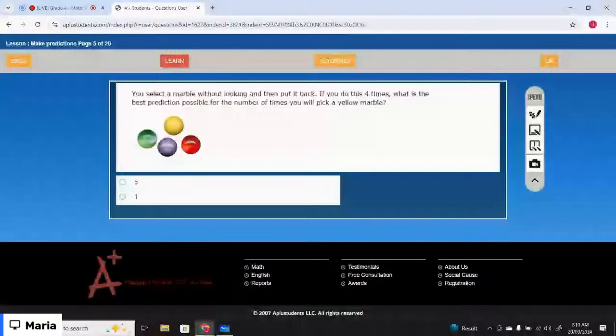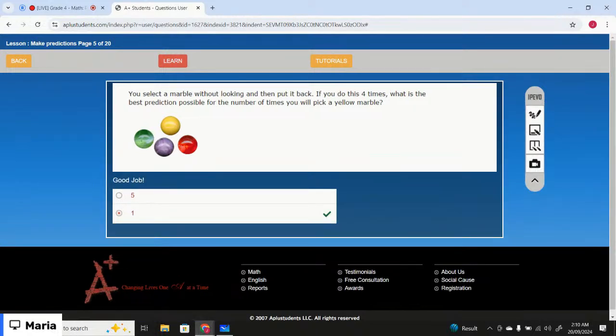That is 1. Option number 2 is the correct option, right? Then the probability of yellow is only 1. Very good.